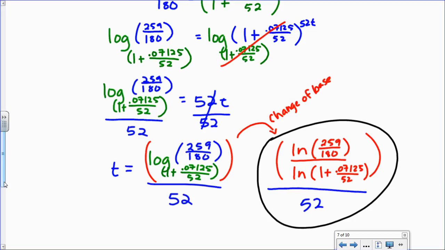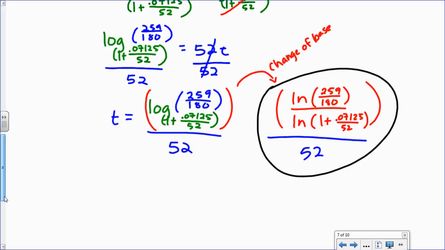So I've got to close this parentheses, divided by natural log, and then it opens a parentheses. 1 plus 0.07125 divided by 52. Close the parentheses for that natural log, and then close the parentheses for the numerator. So you should have double parentheses after you type in this whole numerator. And then just divide by 52. And you should get t is approximately 5.11.